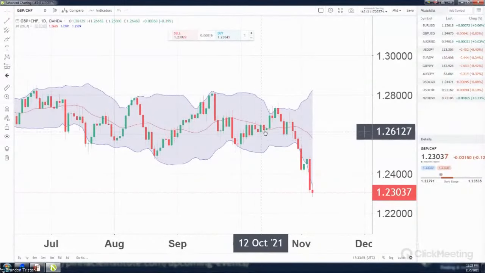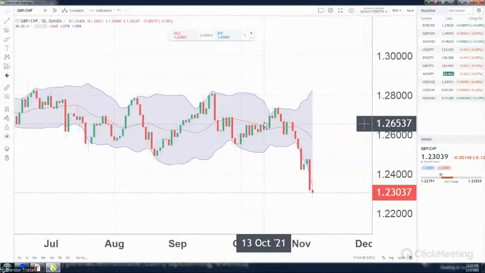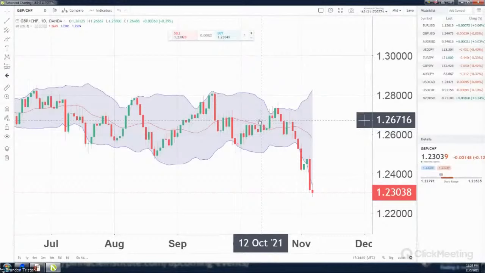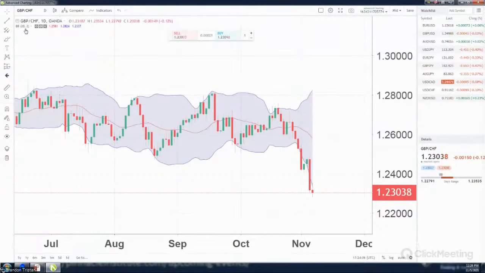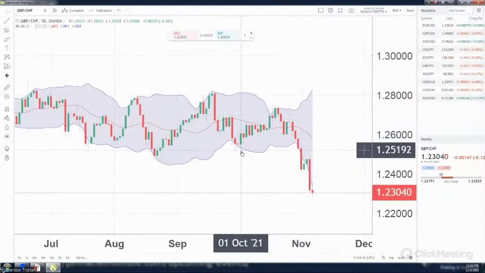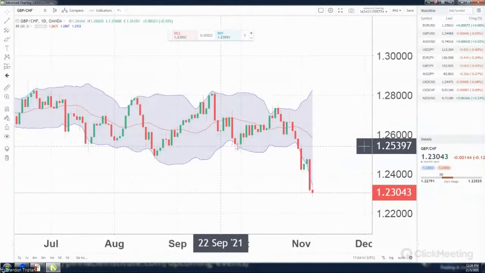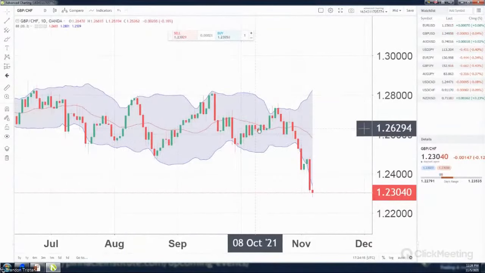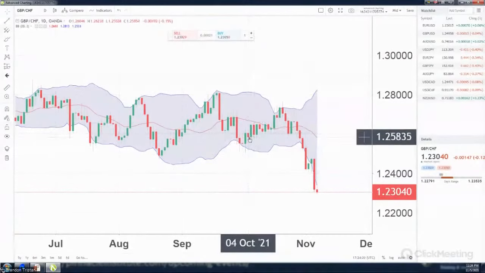Because we pierced the bottom, I'm going to buy when we get a close above this EMA. I believe this is a 20. Yeah, it looks like a 20. So you bought here and it worked out well. But look, why didn't you buy down here? So you're probably going to use another indicator to help you buy.